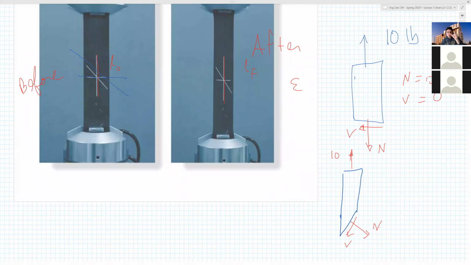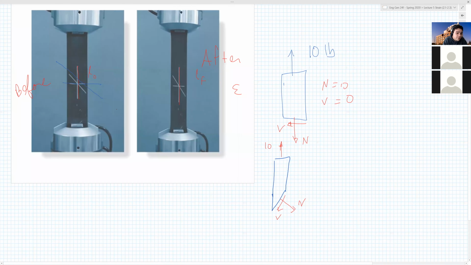Changes its angle, right? So now you can see that the only thing that's happening to this rubber is that it's being pulled in tension, right? This machine is just going to pull in opposite directions. But if you look at this line here at an angle, doesn't this line kind of rotate a little bit?